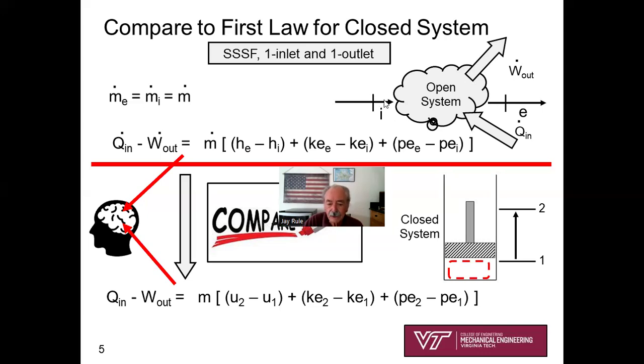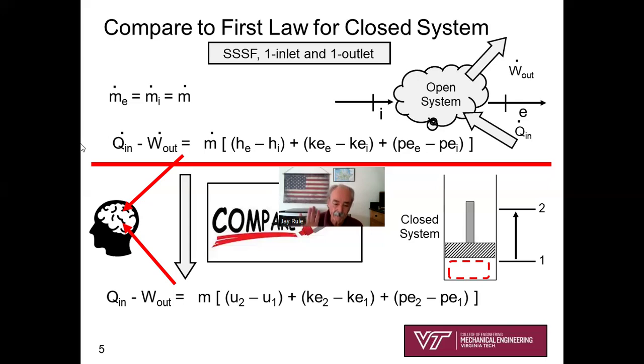The state going in is I, and the state leaving is E. I've just got one m dot, because it's steady state, steady flow. So Q dot in minus W dot out equals m dot times a bracket term, HE minus HI, outlet state minus inlet state, enthalpy change, kinetic energy change, and potential energy change.